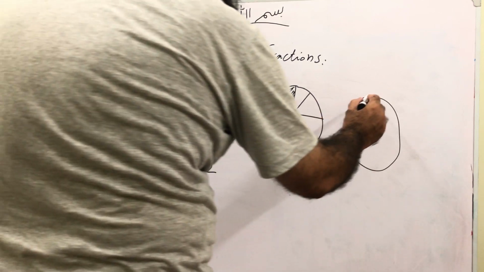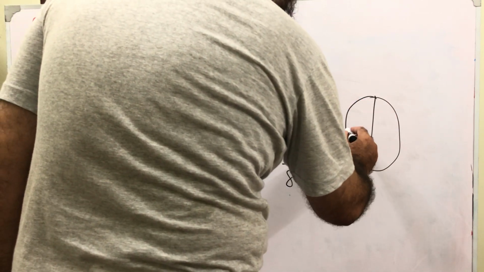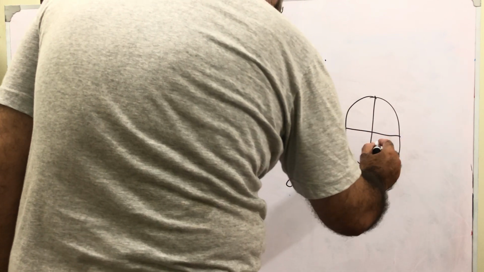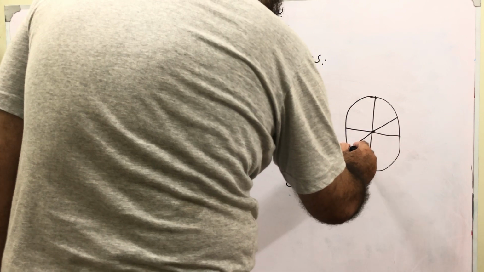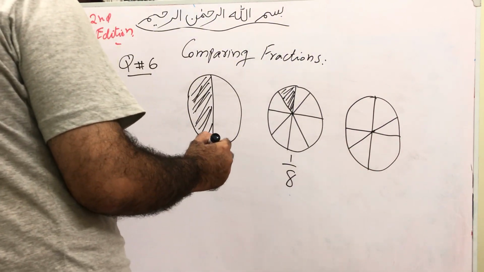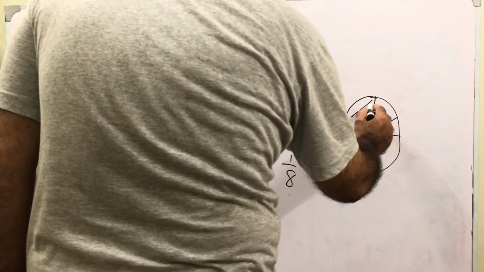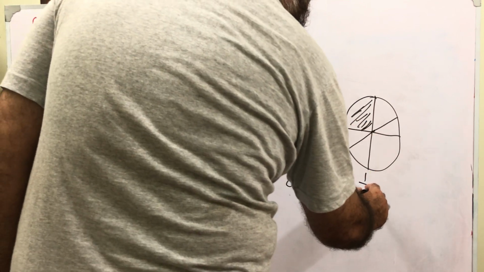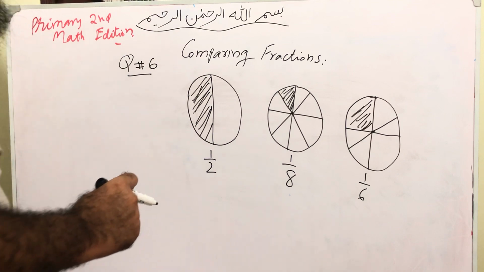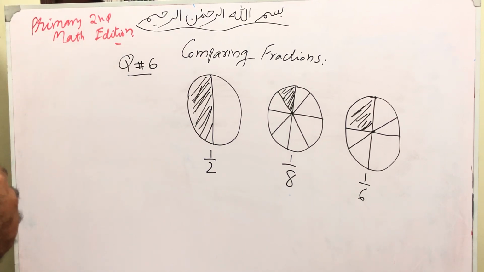Here we have 6 parts. So one part is shaded. So we need to tell which one is the smallest.